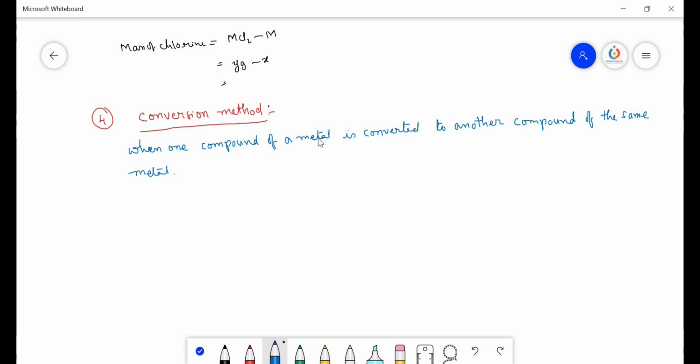So here the metal remains the same, but the metal is present in one compound earlier, and after the reaction with another compound, it has been converted to the next compound. So the metal is the same in both the compounds.